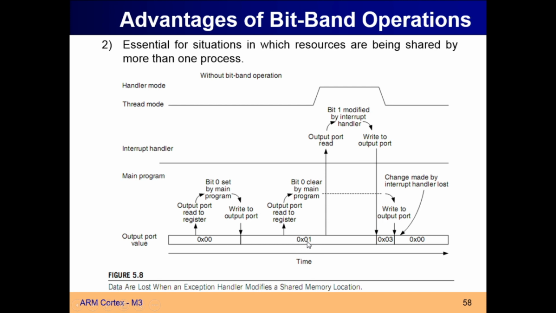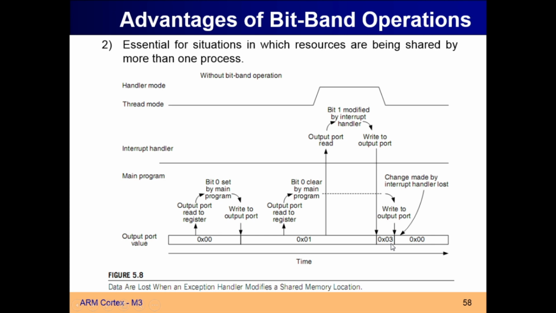Then in that 0x00, if you are setting the first bit as 1, you will get 0x02, right? So finally we should get 0x02 if the main program and the interrupt were executed properly. So instead of getting 0x02, now we are getting 0x00. So what does it mean? The change that was made by the interrupt handler was lost.